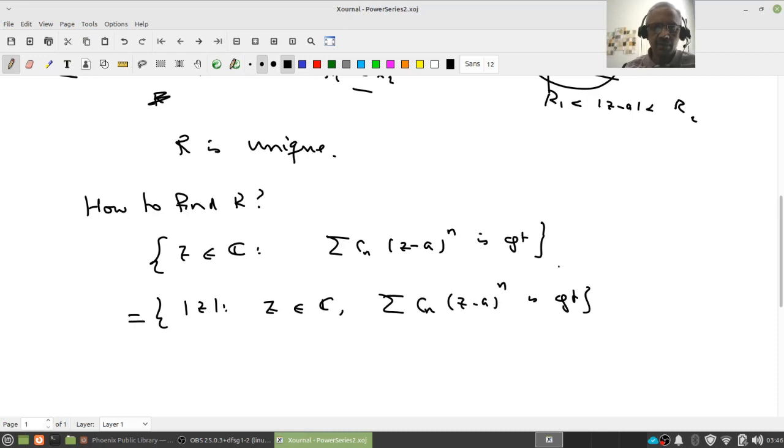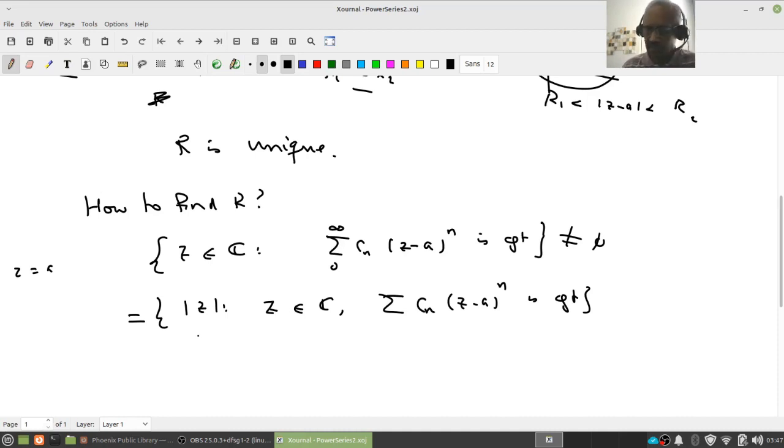Now this set is not empty. Why? Because if we take z equal to a, then this is convergent. When z equals a, this is C0 plus C1 times 0 plus C2 times 0, etc. That's convergent, because the sequence of partial sums is C0, C0, C0. Therefore it's convergent, and hence this set is non-empty.